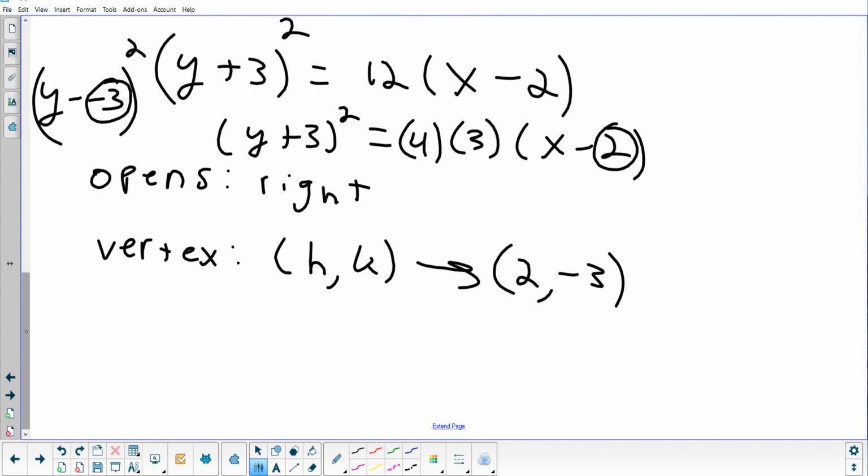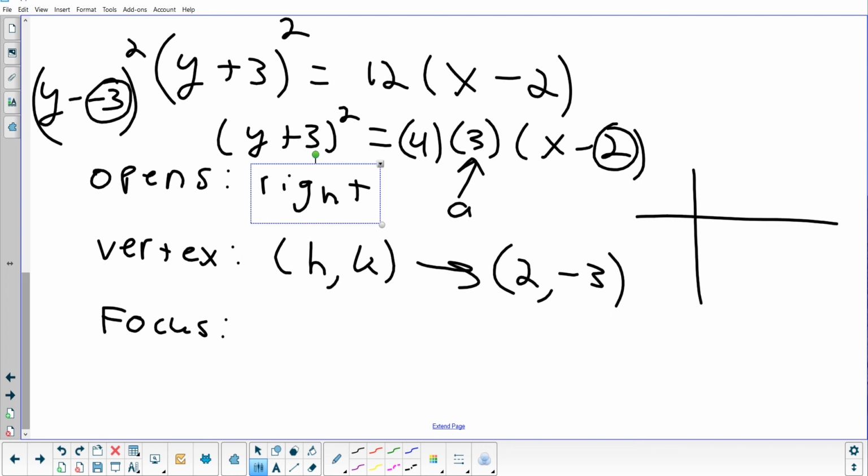The focus, well, we can figure that out. The focus is, first of all, how many units away from the vertex? 3. This is your A value. That tells you that the focus is 3 units away from the vertex, and the parabola opens to the right. So think about, if you're more visual, think about it as a picture.